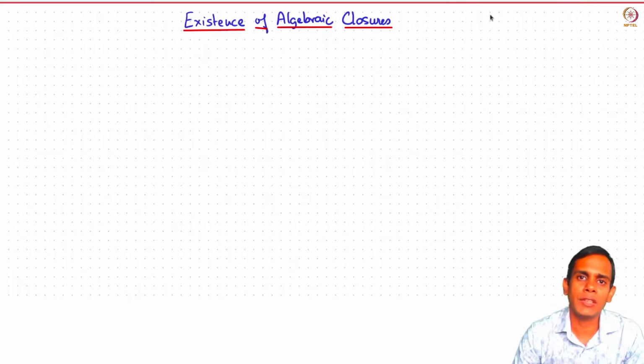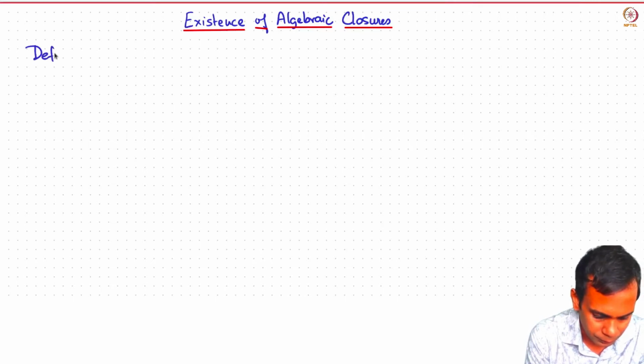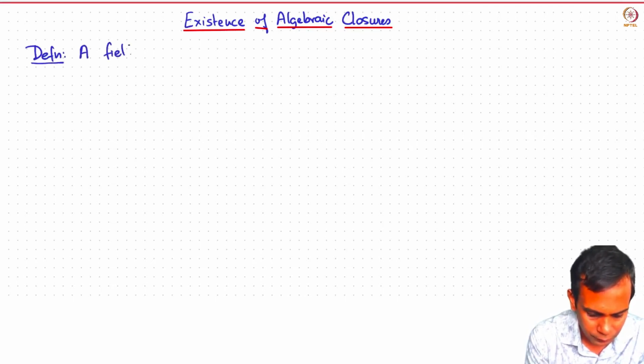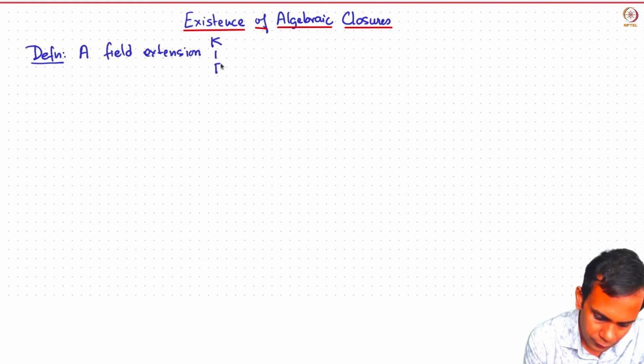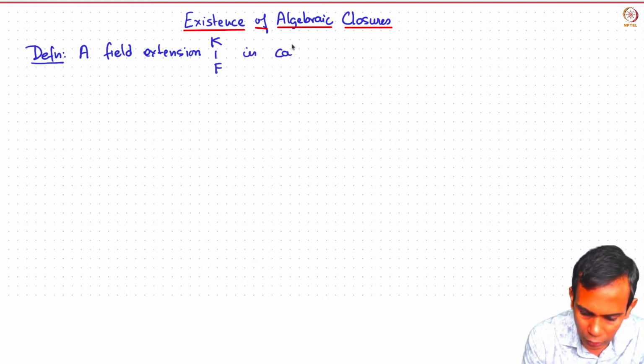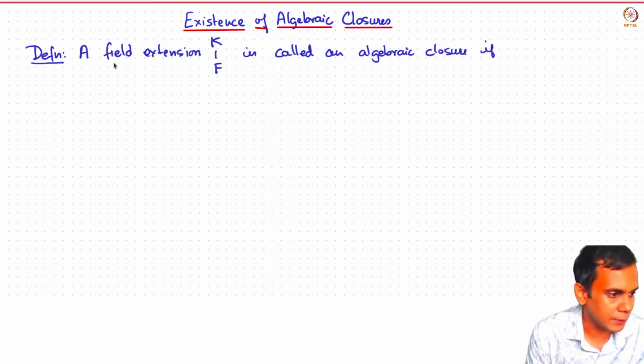In this lecture, we are going to prove the existence of algebraic closures. We begin with the definition of an algebraic closure. A field extension K over F is called an algebraic closure if two conditions are satisfied.